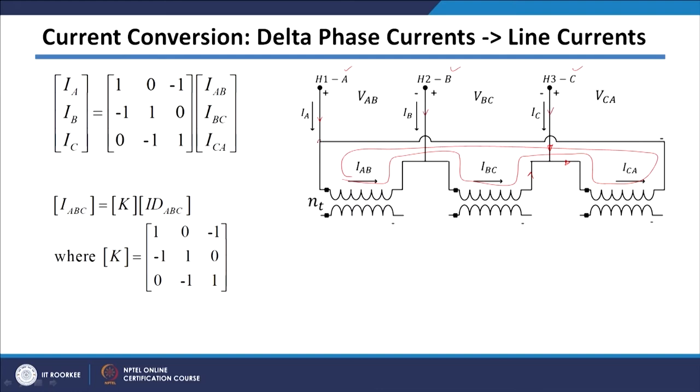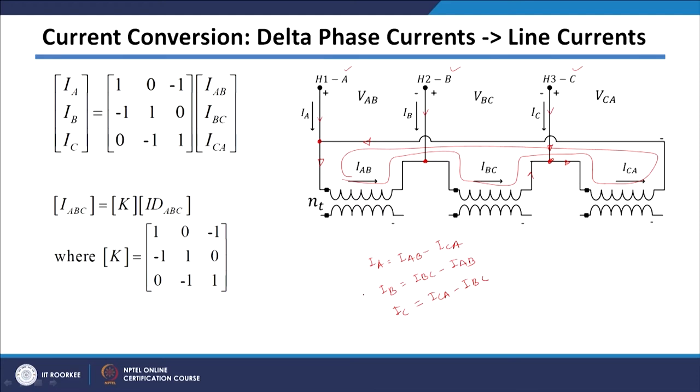If you apply KCL at this point, IA will be equal to IAB minus ICA, because ICA is coming in this direction and IA is going out of this terminal. Applying KCL at this point, IB will be equal to IBC minus IAB, and at this point, IC will be equal to ICA minus IBC.